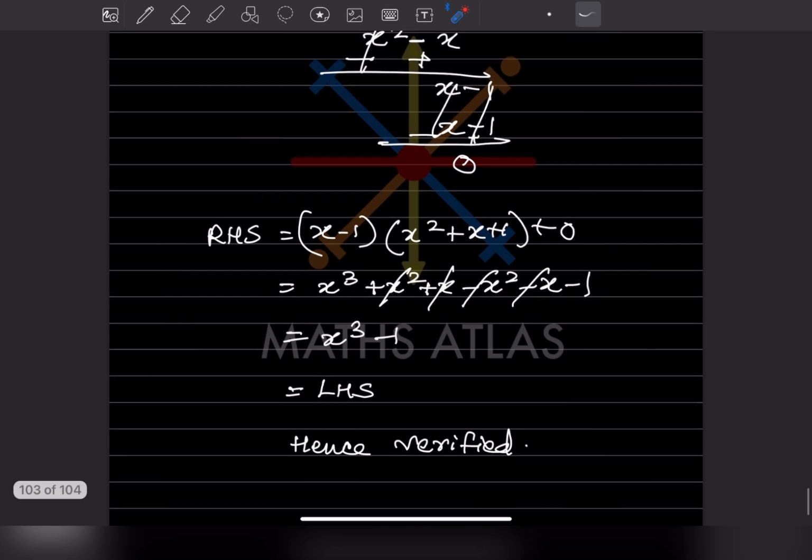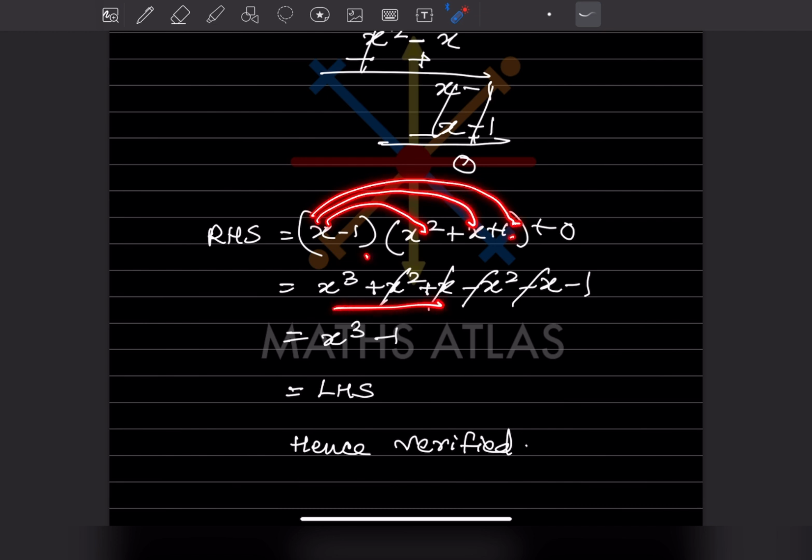So here, divisor into quotient plus remainder. So this into this into this, and this into this. So that will be x cube plus x square plus x. And this is here. And now here minus x square minus x minus 1.